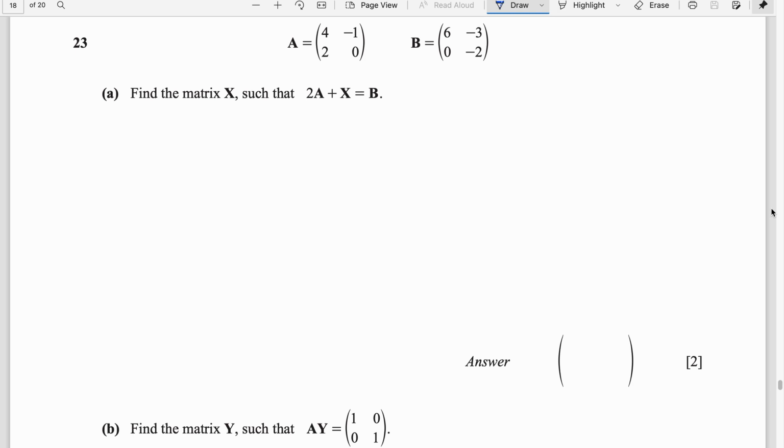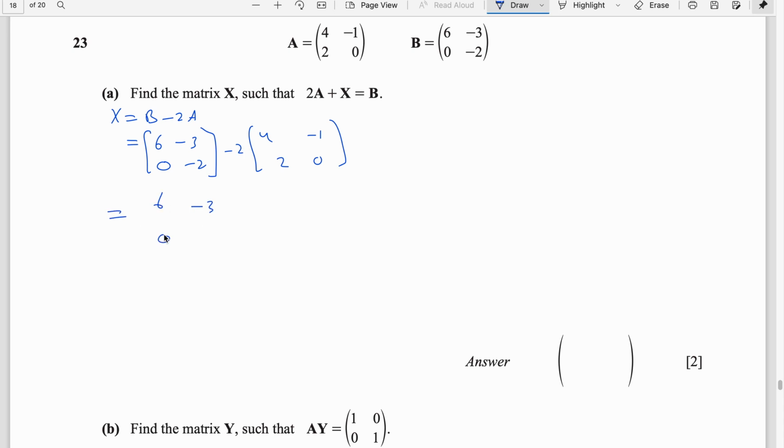Question number 23. Find the matrix X such that 2A plus X is equal to B. So X is equal to B minus 2A. B is 6, minus 3, 0, minus 2. Minus 2 into A, which is 4, minus 1, 2, 0.